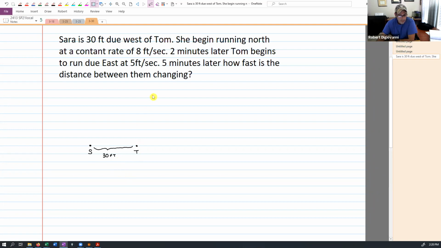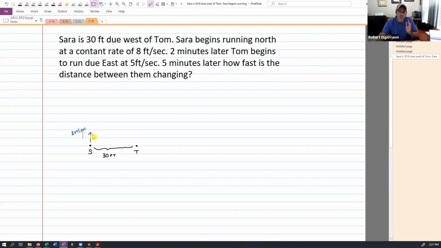Now, Sarah begins running north at a constant rate of 8 feet per second. So she's going to start moving that way. I'm just going to put it here, 8 feet per second. That's a speed, isn't it?